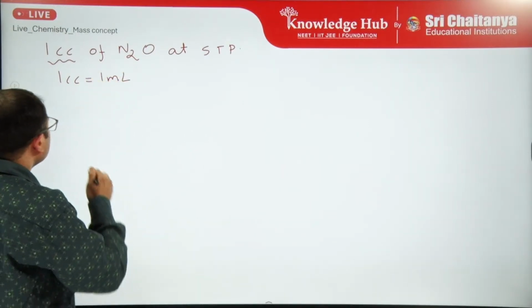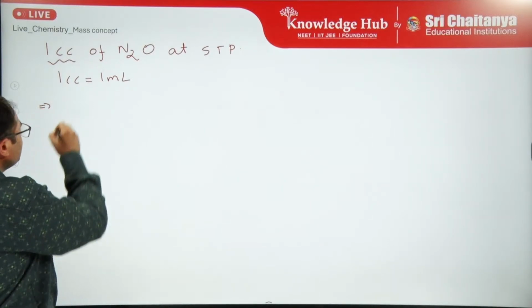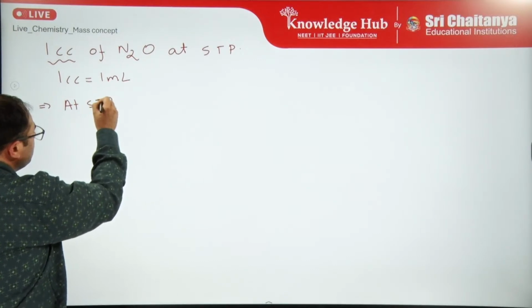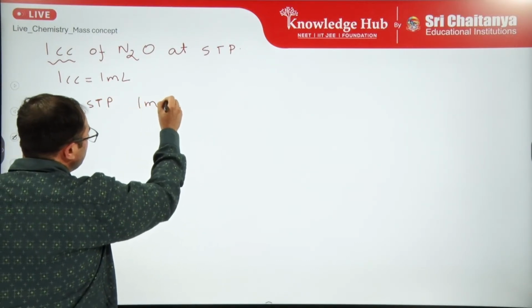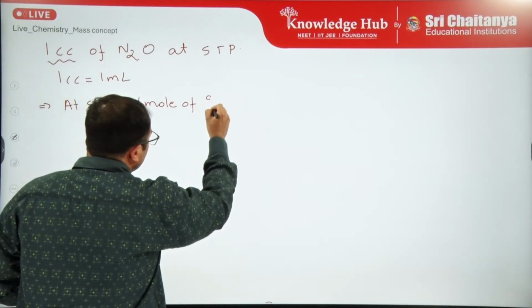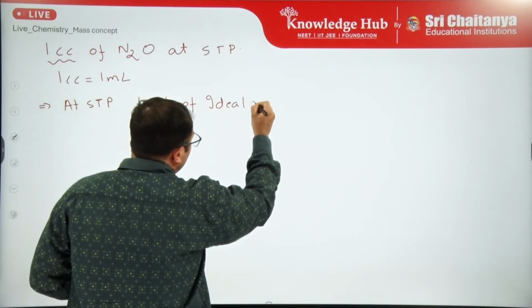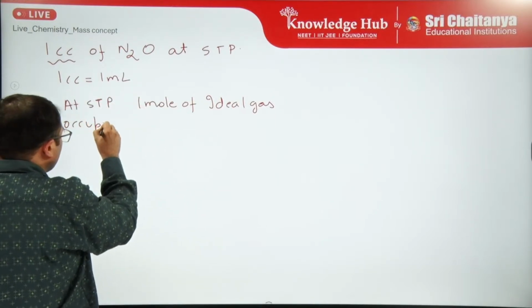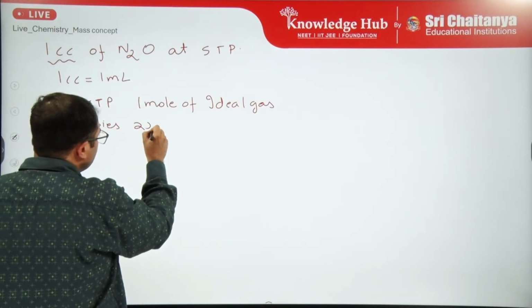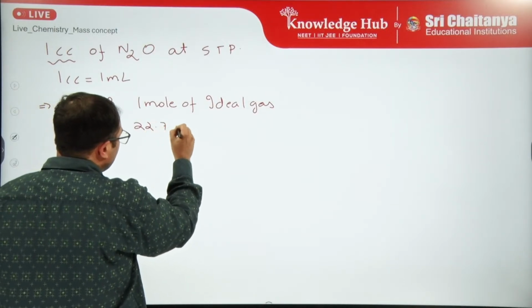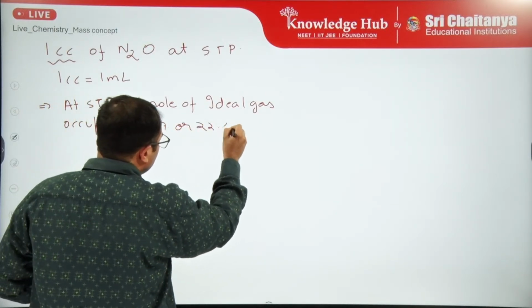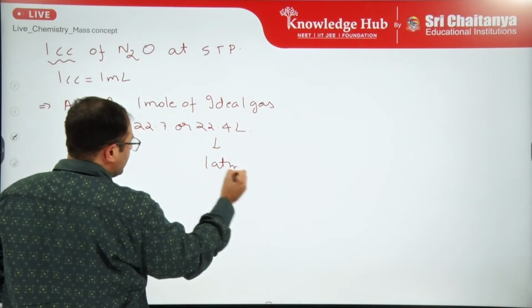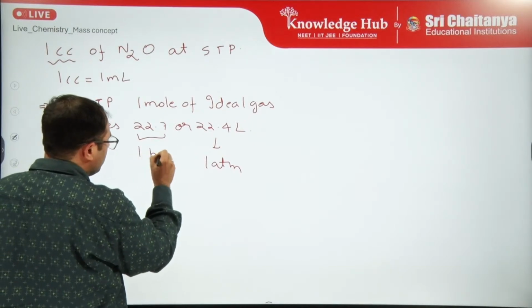And we know that at STP, 1 mole of ideal gas occupies 22.7 or 22.4 liters. This is at 1 atm and this is at 1 bar.